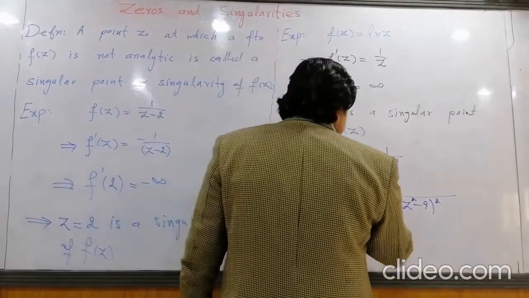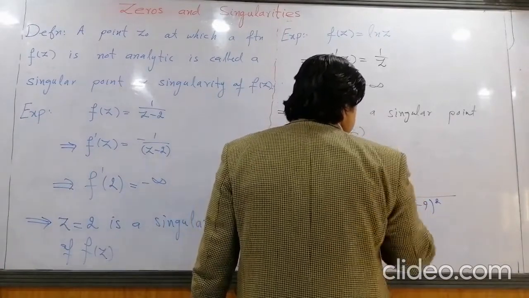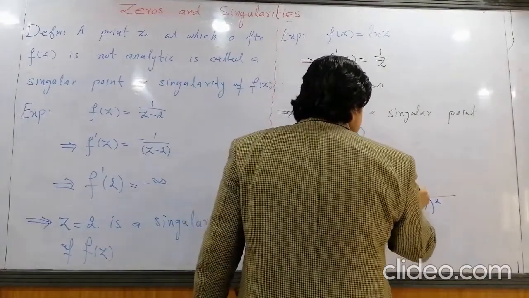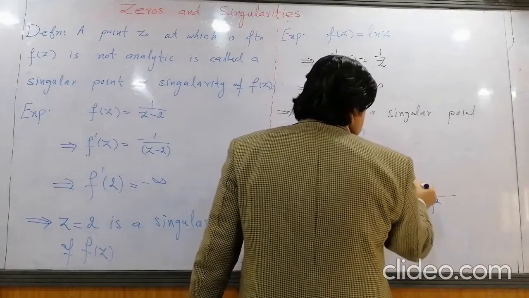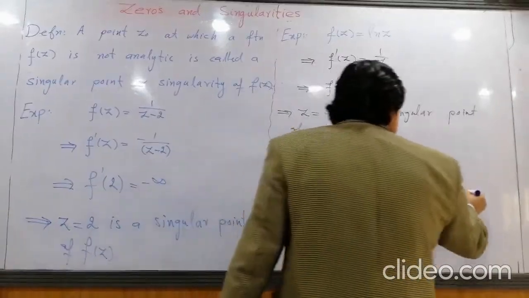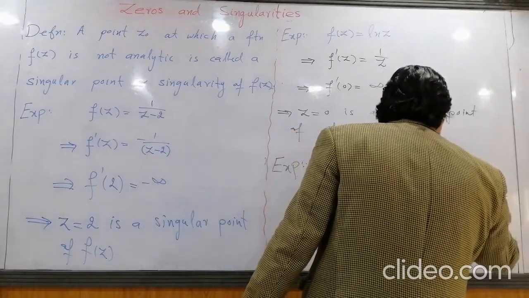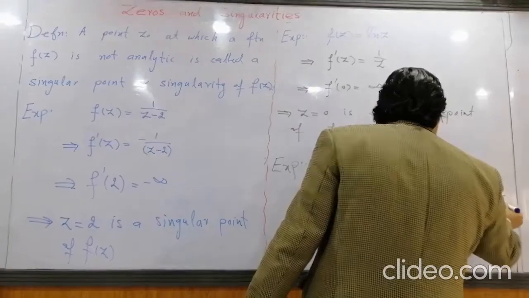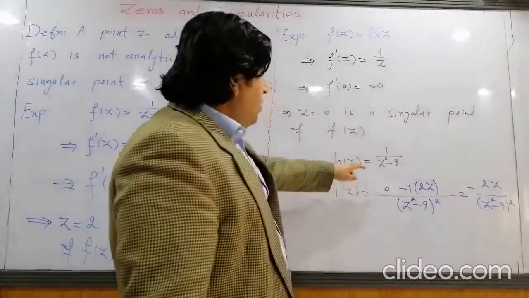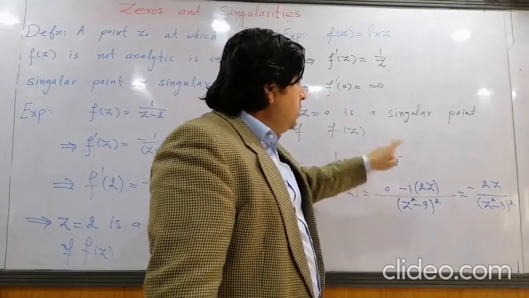And now I have to write z square minus 9 times the differentiation of 1, which is 0, so this term is 0. Now I have to write minus 1, and differentiation of this thing is 2z. So I will get that this is equal to minus 2z divided by z square minus 9 whole square.